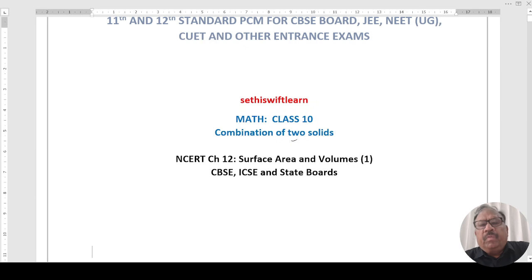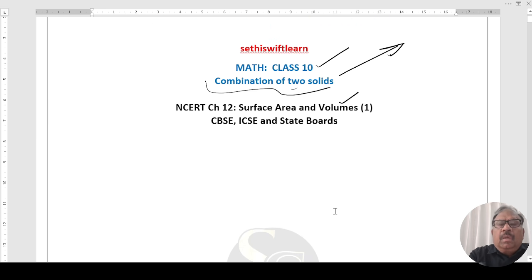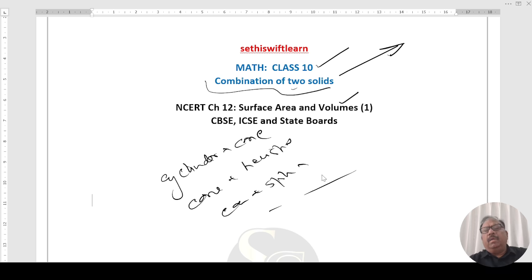Hello students, in today's session of surface area and volumes, class 10 maths, on the topic of combination of two solids, will be discussed through illustrations. The combination will be of cylinder plus cone, cone, hemisphere, cone, sphere, and a number of figures.